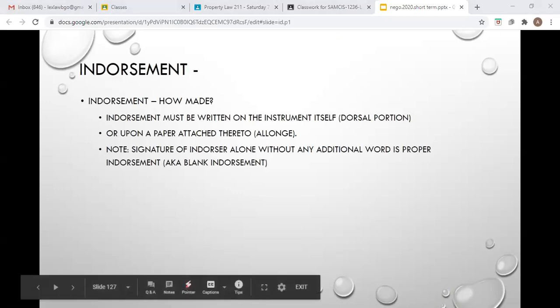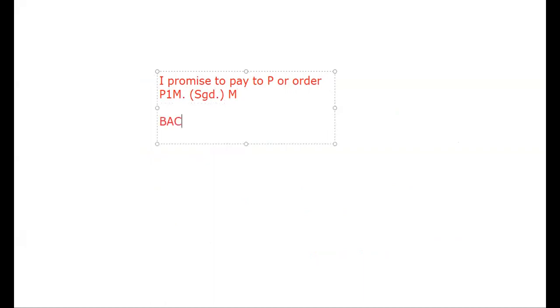So promissory note, halimbawa, nakasulat doon sa promissory note na yon: I promise to pay to P or order 1 million, and thereafter signed by M. Now, at the back of the instrument, this is what happened.